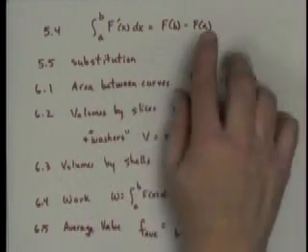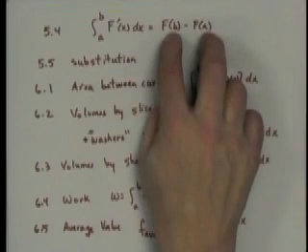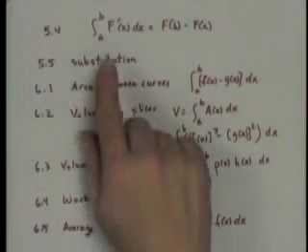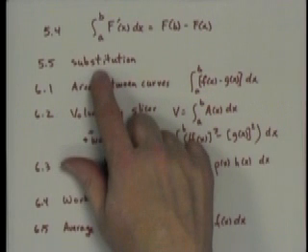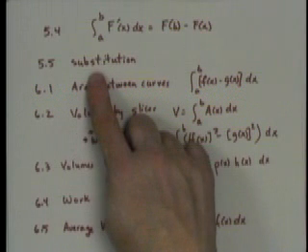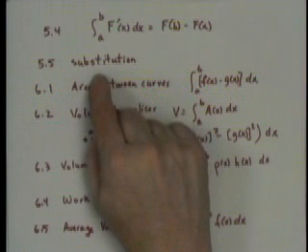This would be a rate of change, and it gives me the total change from a to b. 5.5 was the integration technique called substitution, and we just did one of those not too long ago. But it helps us do some integrals that we couldn't do earlier.